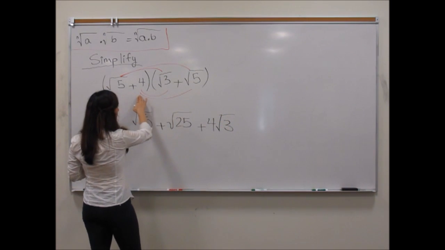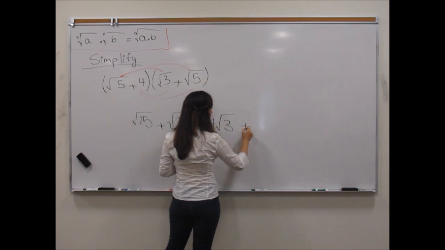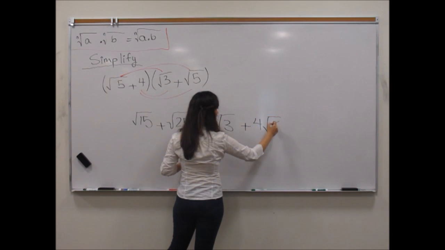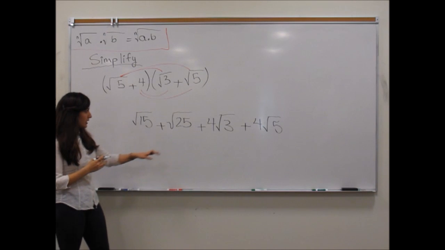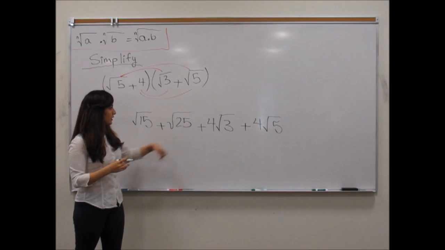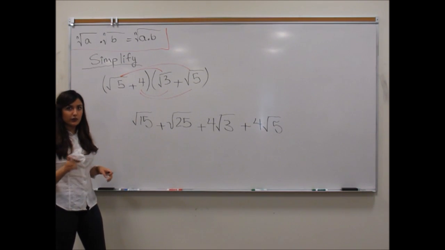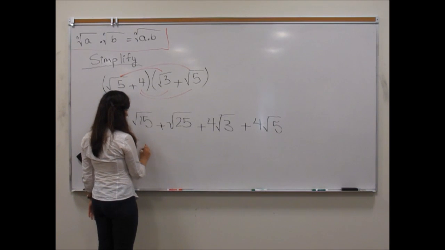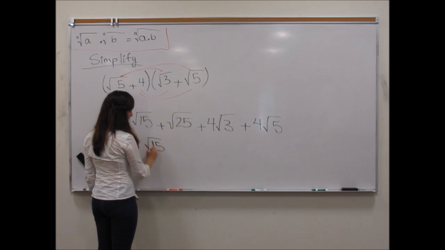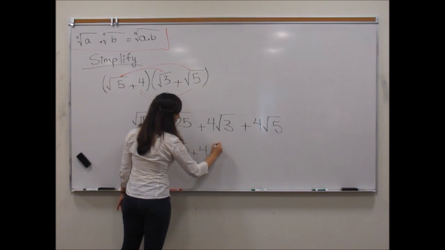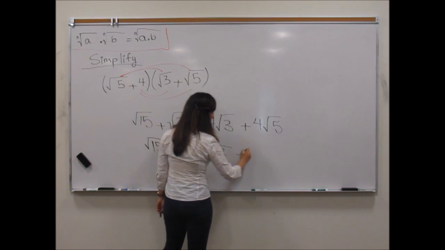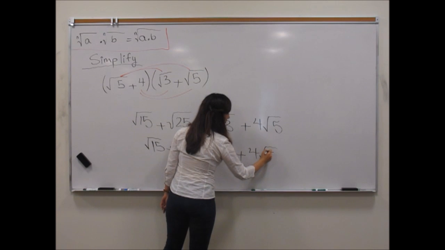And then 4 times rad5 gives me 4 rad5. And then what I can simplify is this rad25. 25 is a perfect square, so it gives me rad15 plus 5 plus 4 rad3 plus 4 rad5.